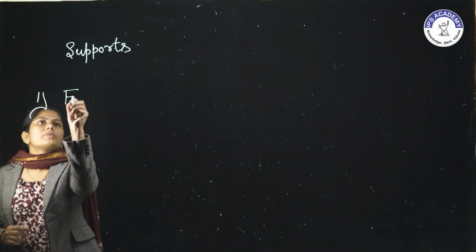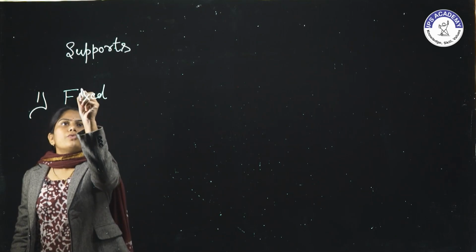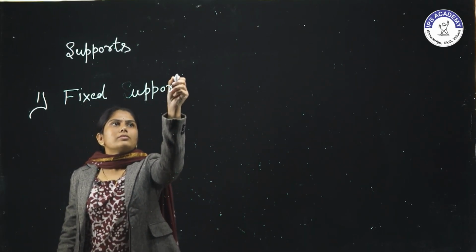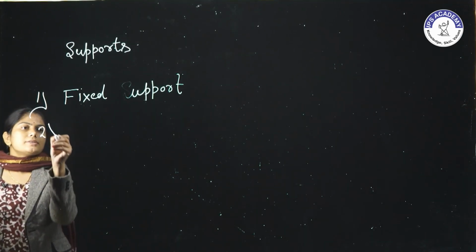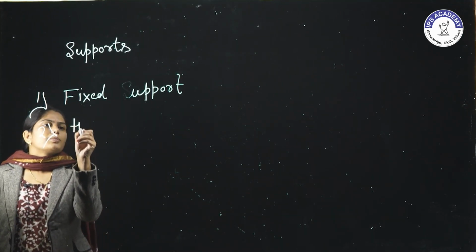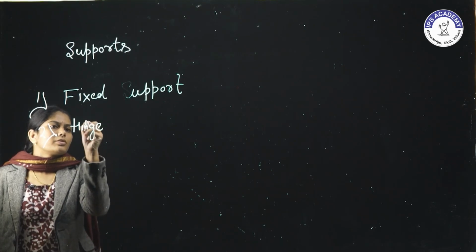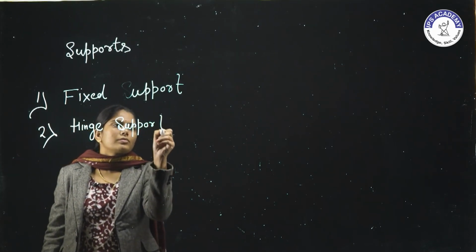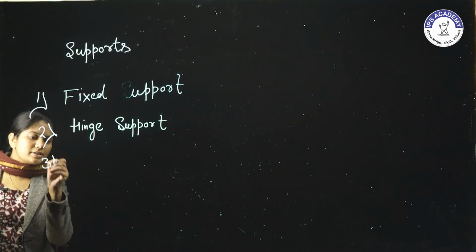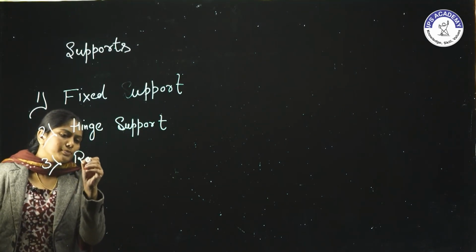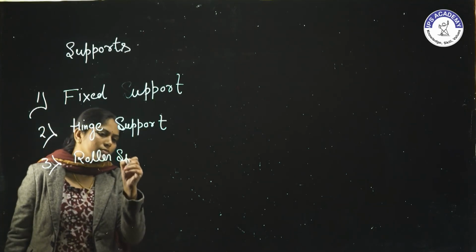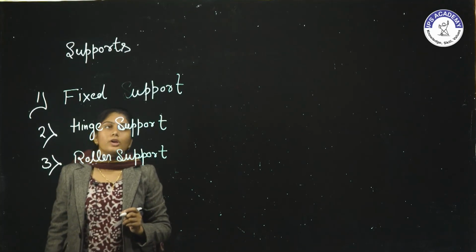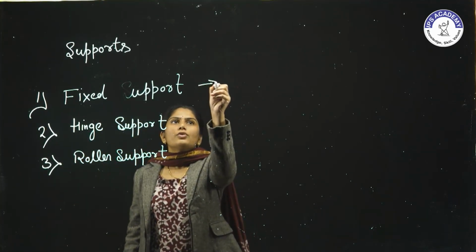First one is fixed support, second one is hinge support, and third one is roller support. And double roller support. So we will start from fixed support.